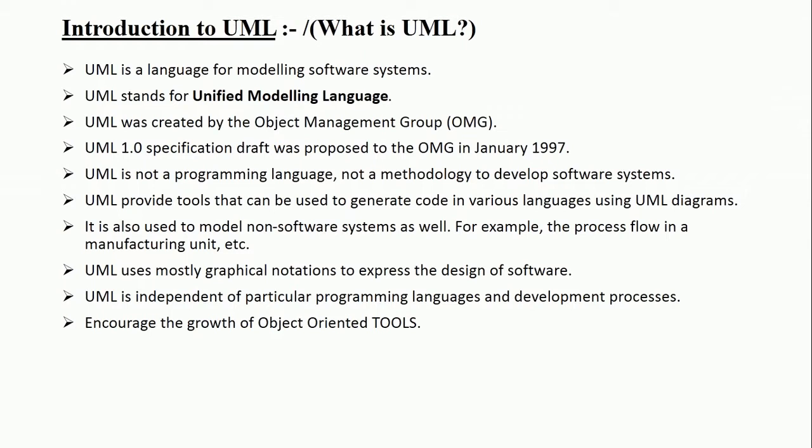So we can say that Unified Modeling Language is a general purpose developmental modeling language in the field of software engineering, and it is intended to provide a standard way to visualize the design of a system.